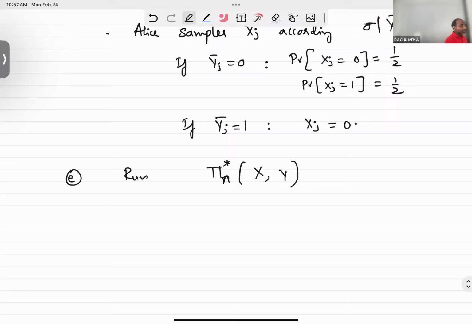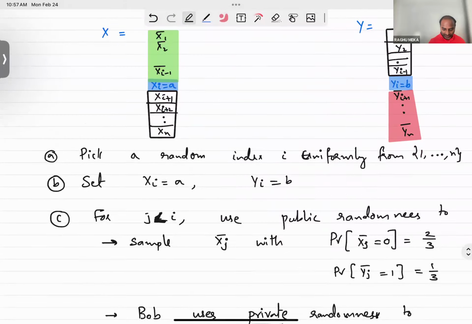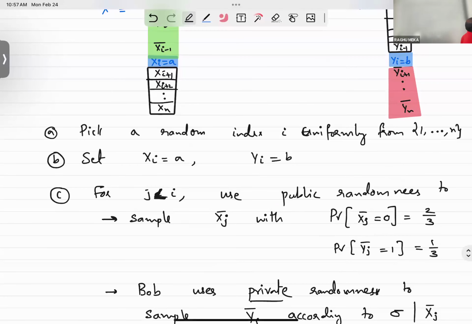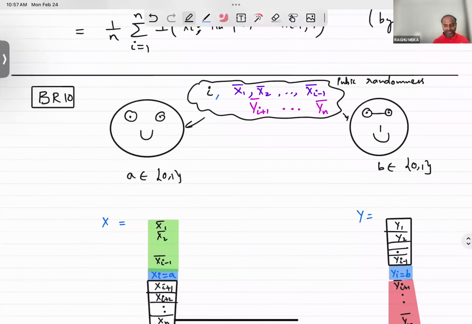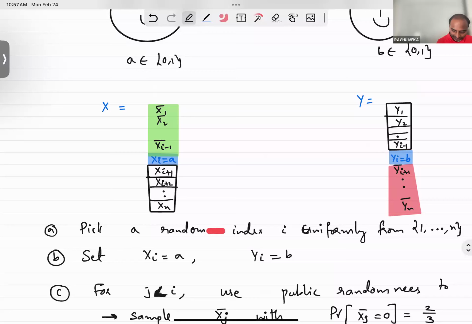All right. So the point is now this whole protocol, what is being exchanged? You exchange the index I, and actually even I is public randomness, right? So they're not exchanging anything apart from what pi n star is doing.